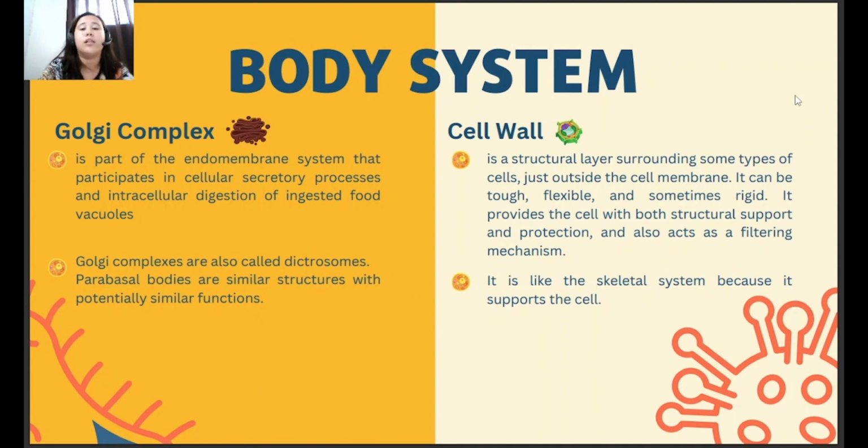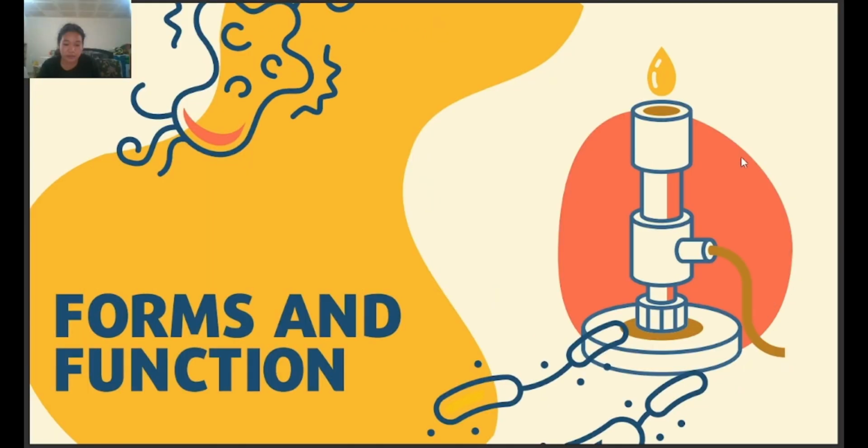Lastly is the cell wall. It is a structural layer surrounding some types of cells just outside the cell membrane. It can be tough, flexible, and sometimes rigid. It provides the cell with both structural support and protection, and also acts as a filtering mechanism. In short, it is like the skeletal system because it supports the cell.